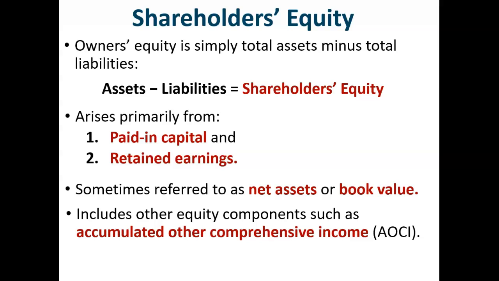We must accumulate items of other comprehensive income in the accumulated other comprehensive income or loss account, just like we accumulate each year's net income that has not been distributed as dividends in the retained earnings account. We'll learn a lot more about other comprehensive income and accumulated other comprehensive income in future chapters.